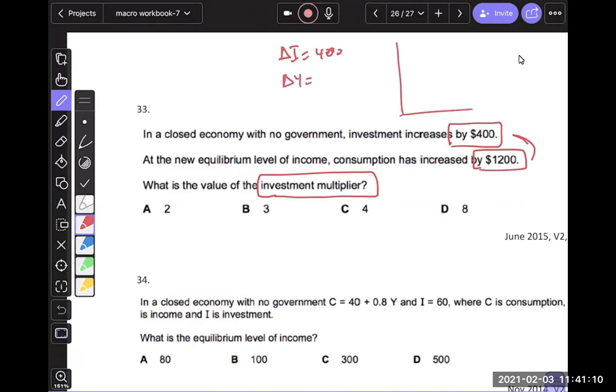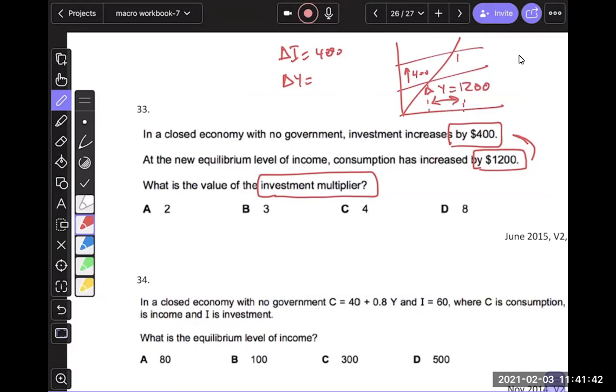So think of it this way. If I draw the diagram, and I make this 400, overall national income is going up and consumption is going up. This change in Y is equal to what? 1,200, right?